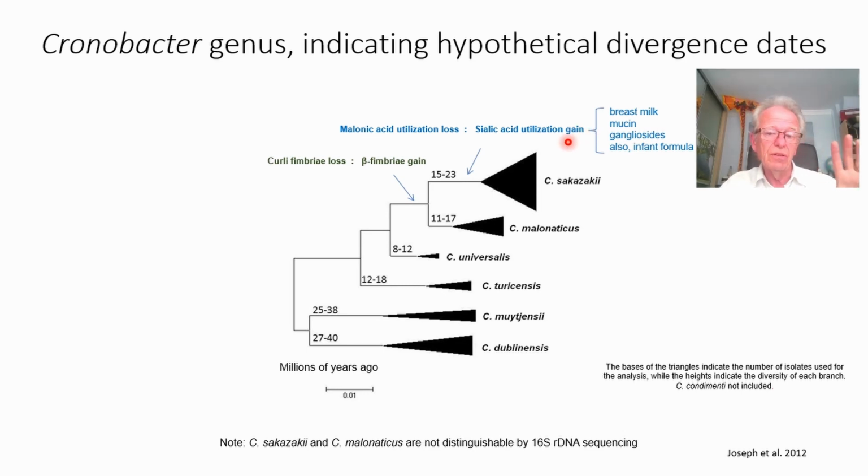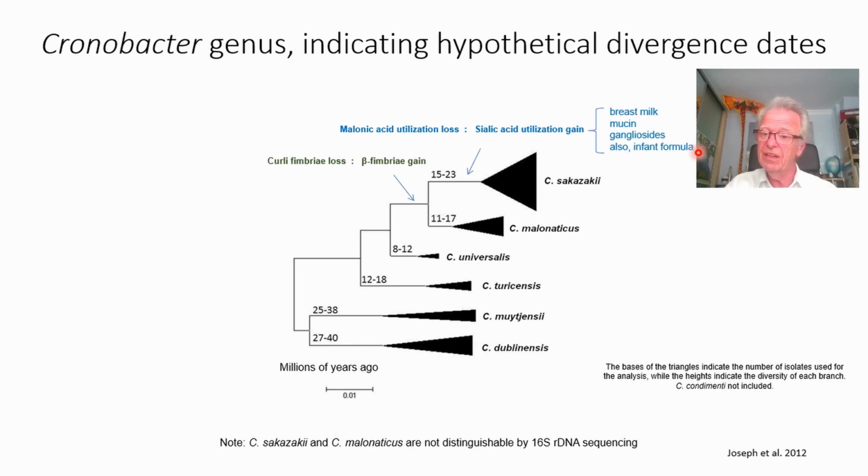In fact, you can grow Cronobacter sakazakii with sialic acid as a sole carbon source. You can grow Cronobacter sakazakii with gangliosides as a sole carbon source. Because of the association of sialic acid with gangliosides, it is added as an ingredient to infant formula.